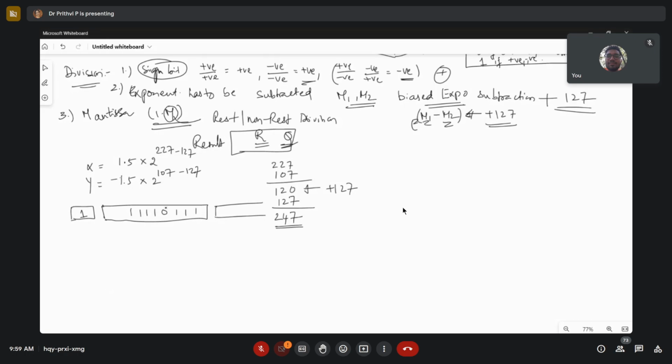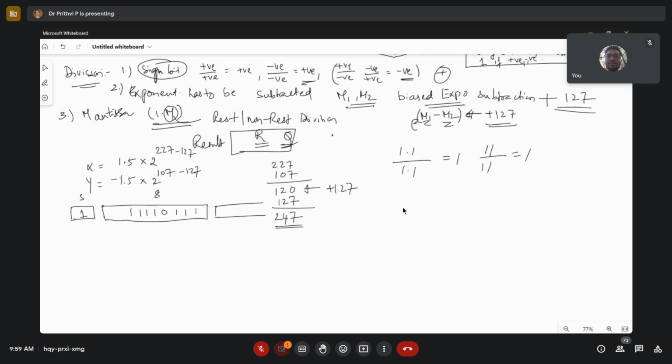8 bit we are taking, with the sign bit. Now natural 1 by 1.1 by 1 means I need to get 1 division. For this, maybe you can remove this mantissa portion, and this is the value you'll be getting.